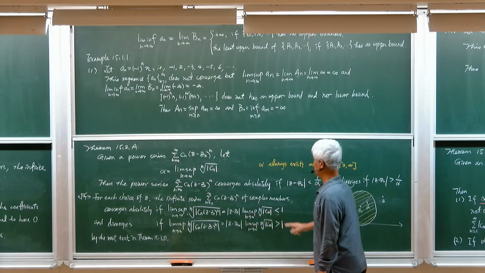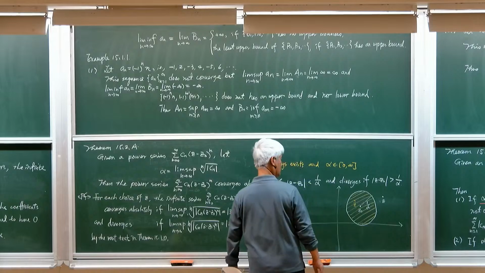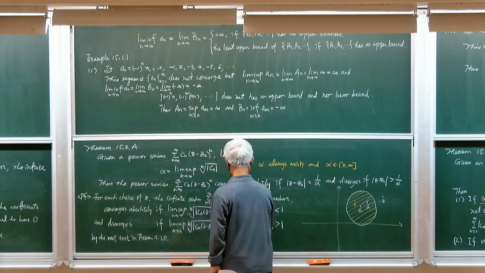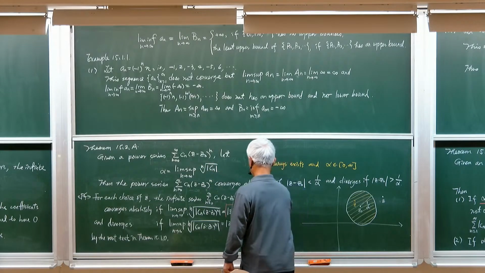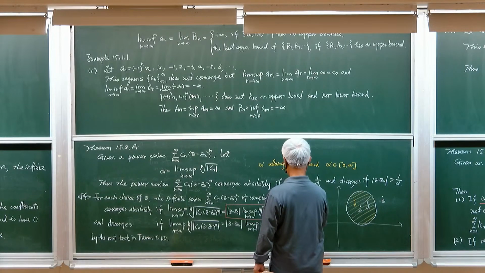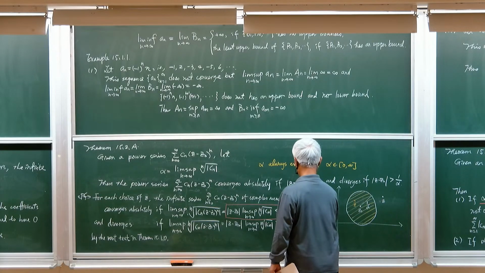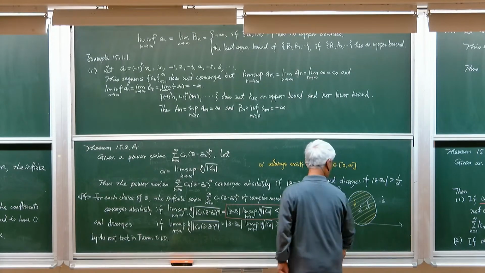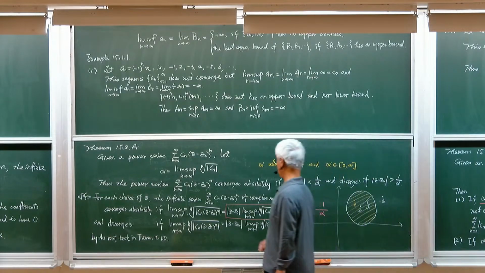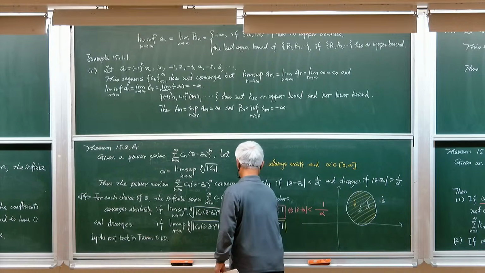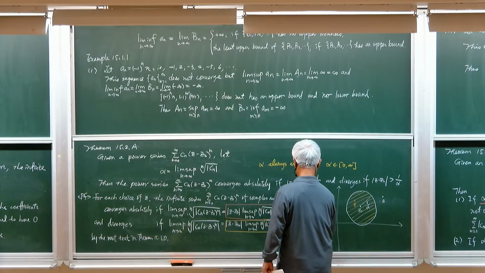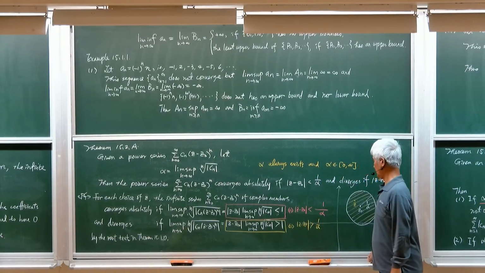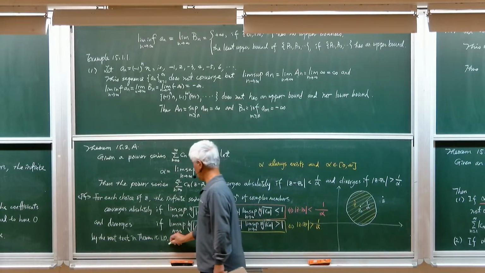So the statement of convergence holds only if |z minus z0| is less than 1 over alpha, and the statement of divergence holds only if |z minus z0| is greater than 1 over alpha. Okay, so we have done.